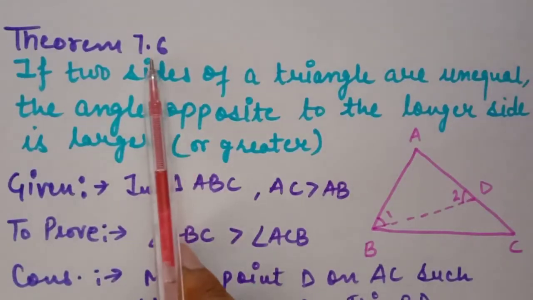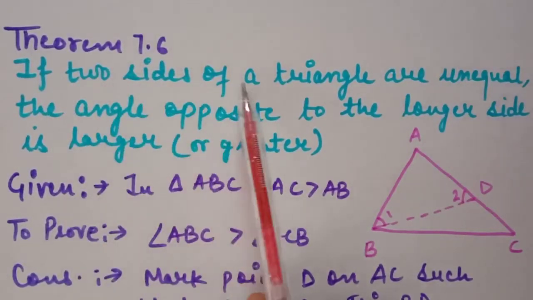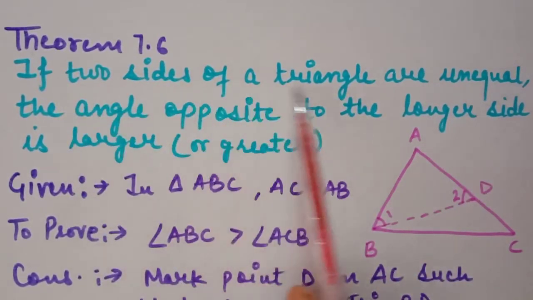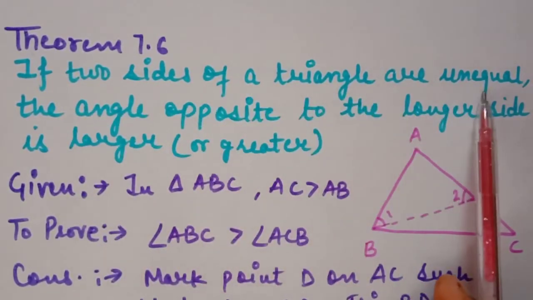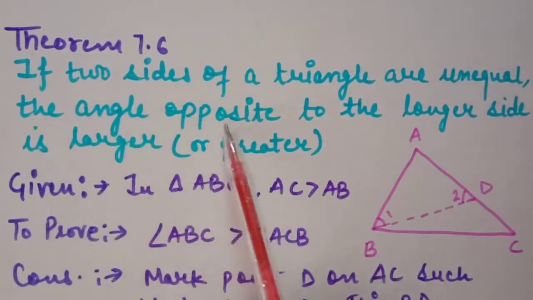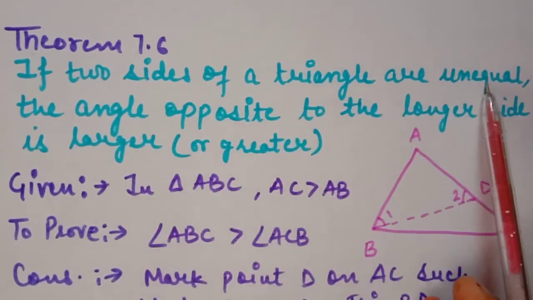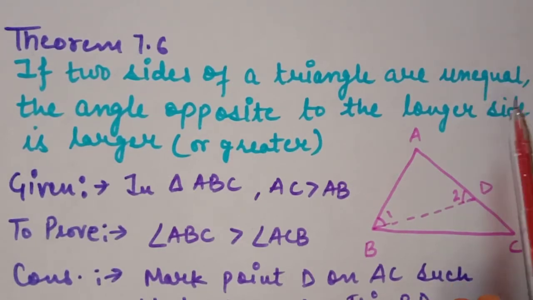Theorem 7.6 is, if two sides of a triangle are unequal, it means if two sides of a triangle are not equal to each other, they are unequal, the angle opposite to the longer side is larger. It means if two sides are unequal, then definitely one must be smaller than the other.